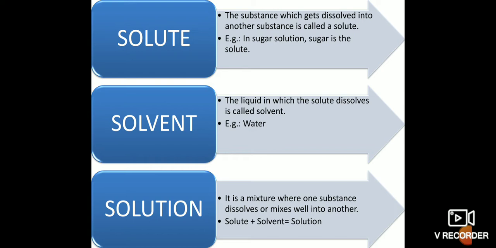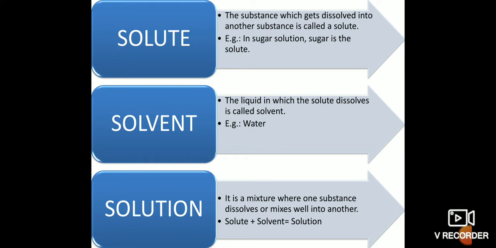Solvent. The liquid in which the solute dissolves is called the solvent. Example, we take a glass of water and we take a spoonful of sugar. So sugar was the solute and water in which we are mixing it, which is in larger quantity, is called the solvent.